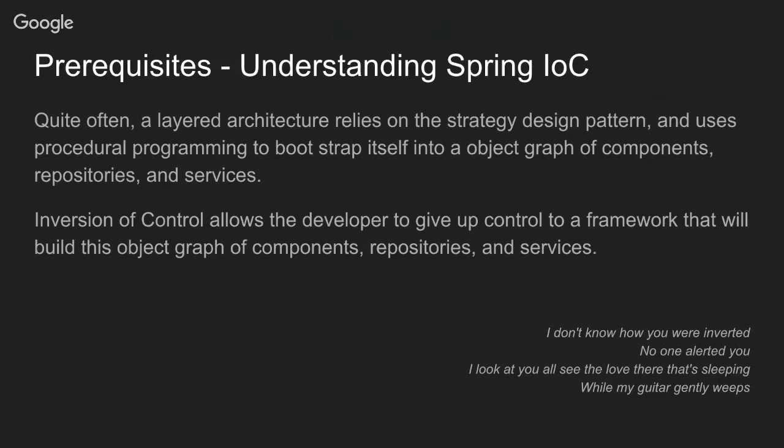And typically, you create an object graph of these things, so that you wire them all together and then call them at the appropriate places within your application. There's ways to do that without Spring, but inversion of control makes it a lot easier.